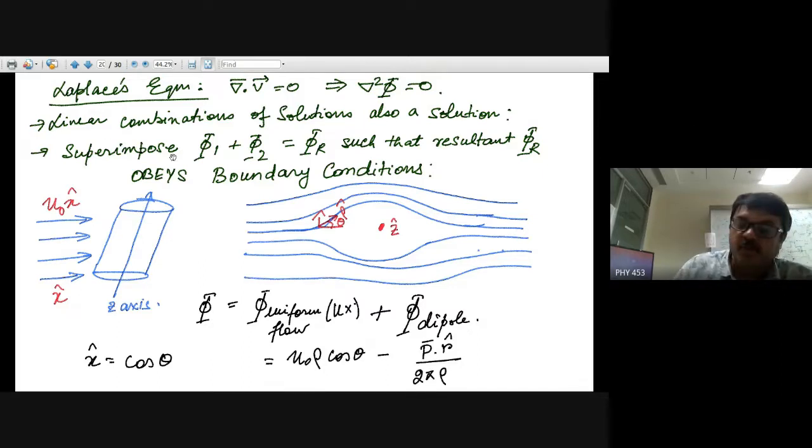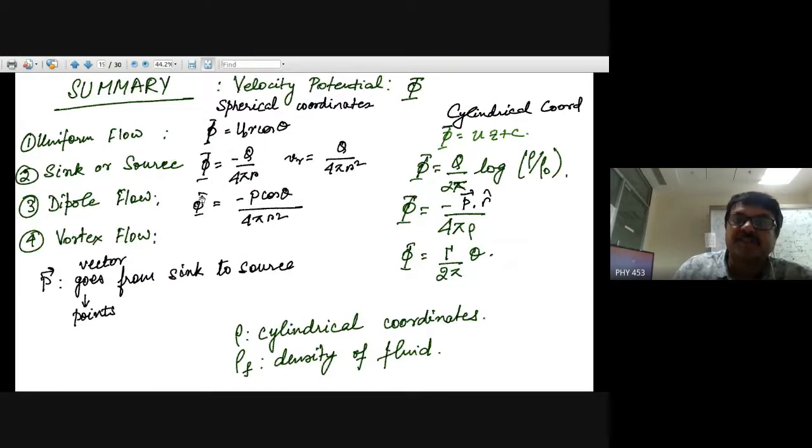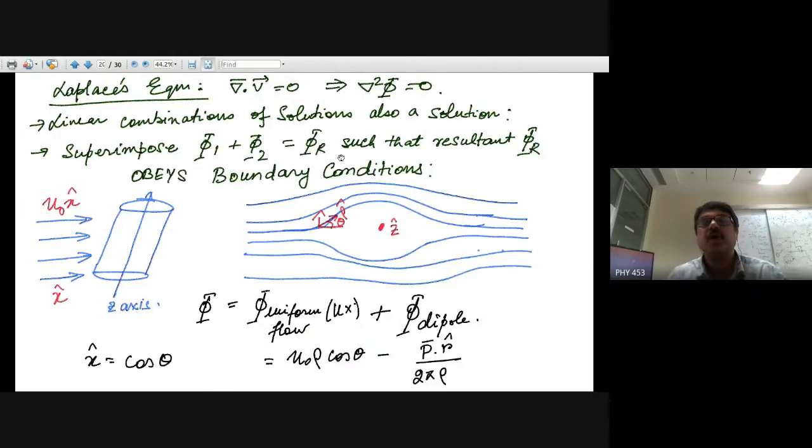So if we superimpose phi 1 and phi 2, which are two different solutions of two different flows, so different phi's for two different flows is a scalar field, and if we superimpose such that the flow field which is created from the resultant scalar field, you take its derivative and you get your flow field of the combination, and if it matches boundary conditions, then we know that for Laplace's equation we have a unique solution. So that is going to be the solution of that flow field.